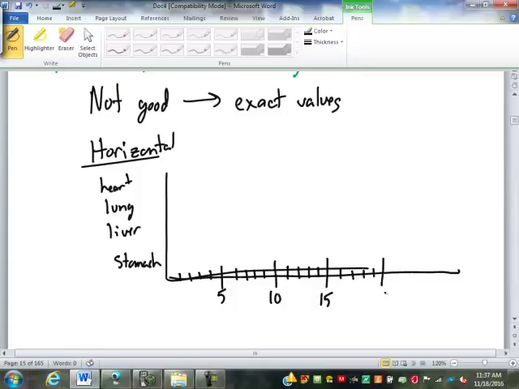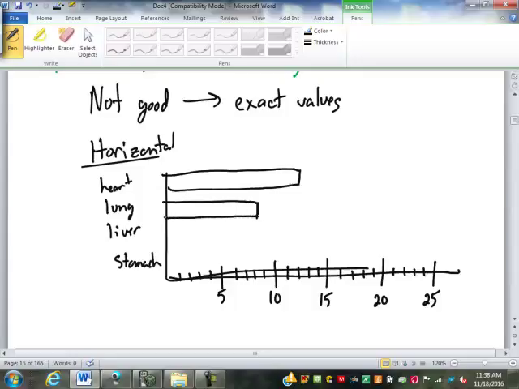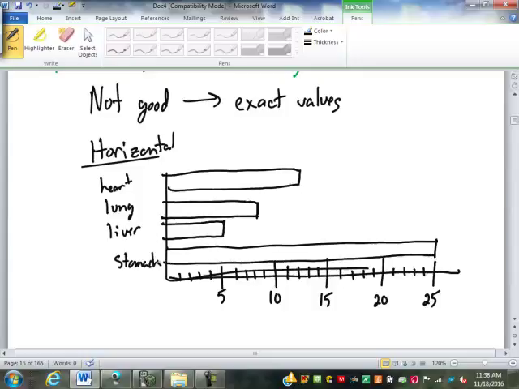I still have to make sure I number all the way up to 25, because my largest value is 25. Heart is still 12, so straight up from 12. Lung is still 8. Liver is still 5. Stomach is still 25. So you can see the same things there.